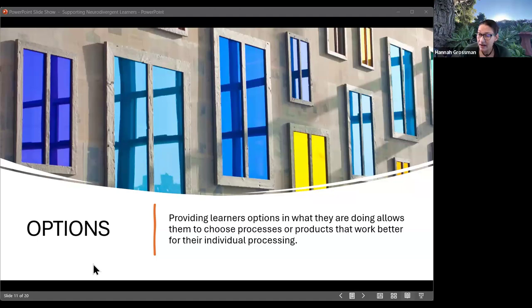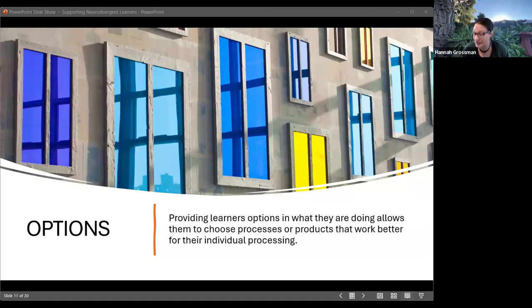The next I want to talk about is options. In terms of neurodivergent learners and identifying within a room who your neurodivergent learners are, you're never going to be able to identify all of your neurodivergent learners. One, because there's no need for many of them to disclose.